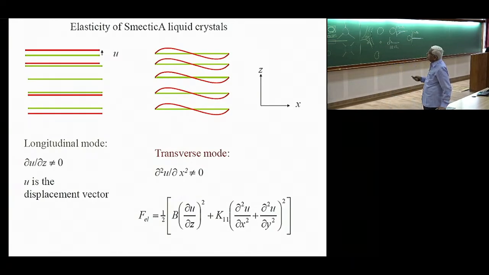And this one is the splay deformation of the director field. So you have these two elastic constants. B is something like Young's modulus, 10^8 dynes per centimeter squared in a soft material like this. K1 continues to be about 10^-7 or 10^-6 dynes. It's force, units of force.